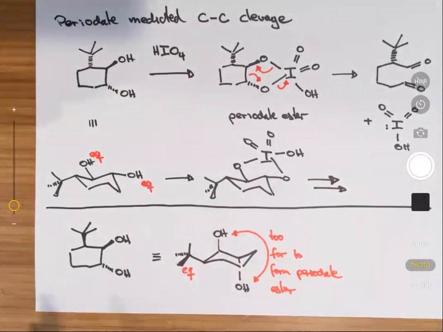So, especially when you have 6-membered rings, make sure that you double check that this periodate ester can actually be formed sterically.